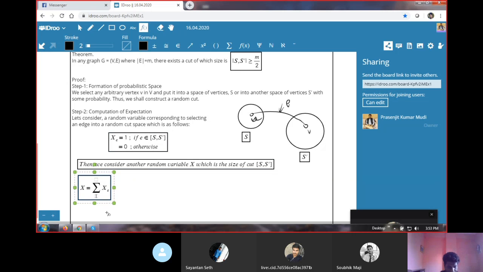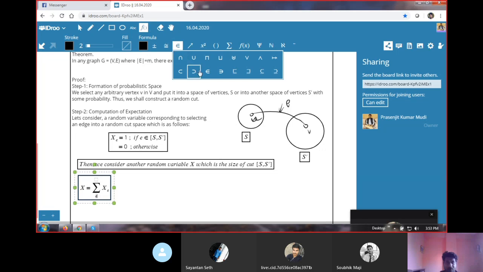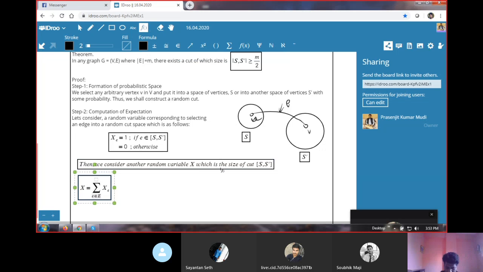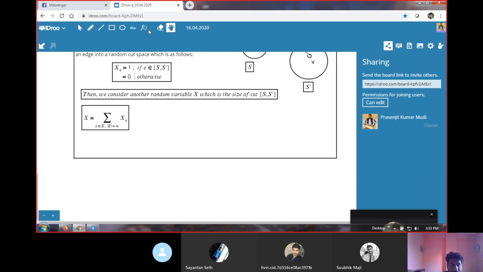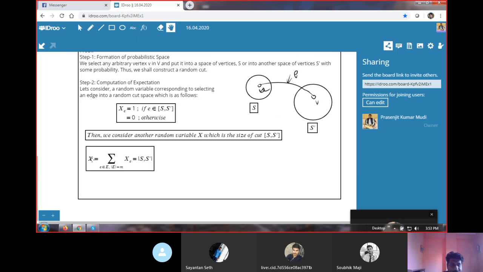If I compute this summation over xe, that will give us the number of edges belonging to the cut S, S bar, where e belongs to E, and we have cardinality of E equal to m. Okay, so this is your size, that is equal to cardinality of S, S bar. Okay, but what will be the value of x? So what we are doing now in step 2 is computing the expectation of this x.